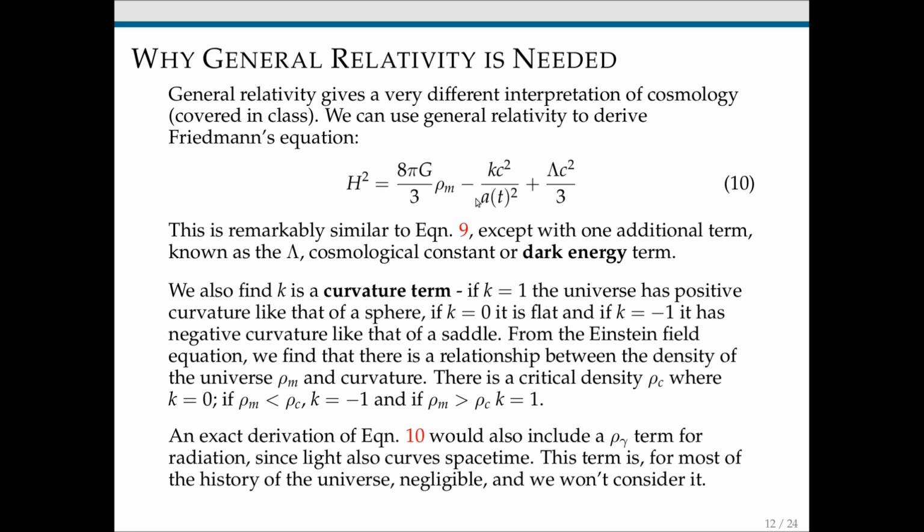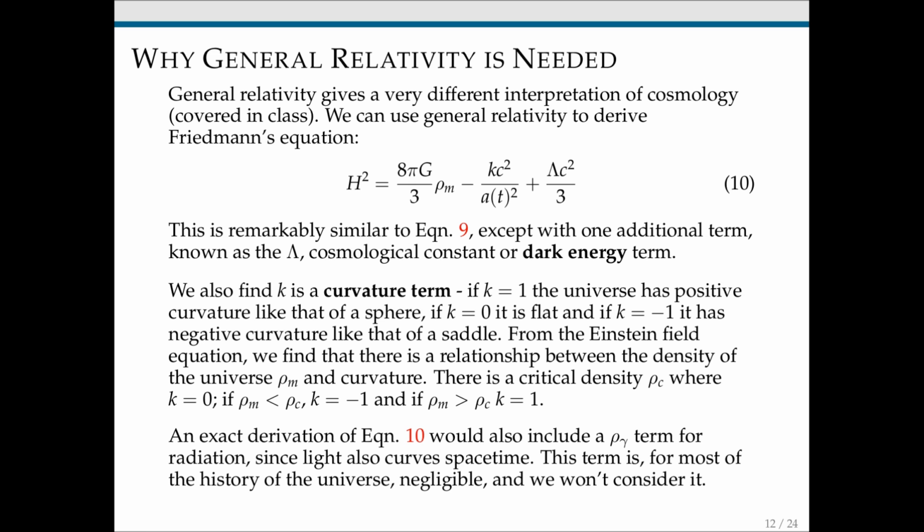It's so that we can describe little k here, or big K if we'd like, as a curvature term from general relativity. If k is equal to 1, the universe has a positive curvature like that of a sphere. If k is equal to 0, it's flat, and if k is equal to minus 1, it has negative curvature like that of a saddle. From the Einstein field equation, we find that there's a relationship between the density of the universe, rho m, and curvature.